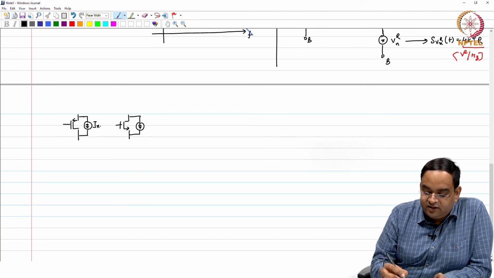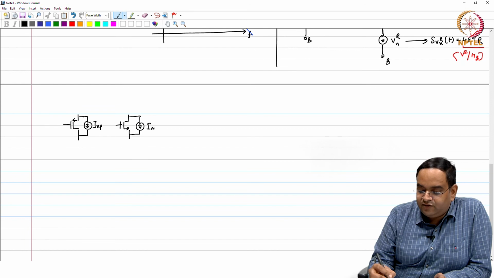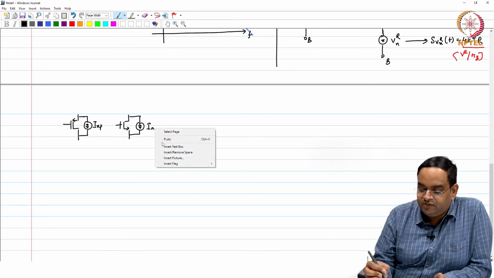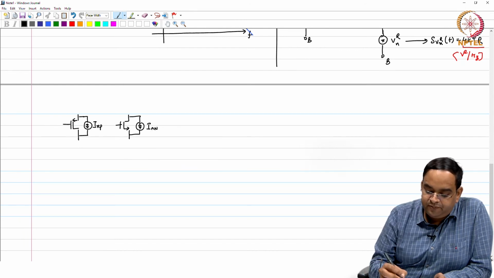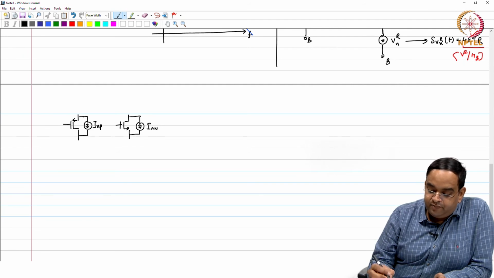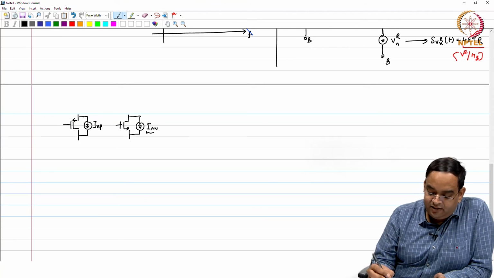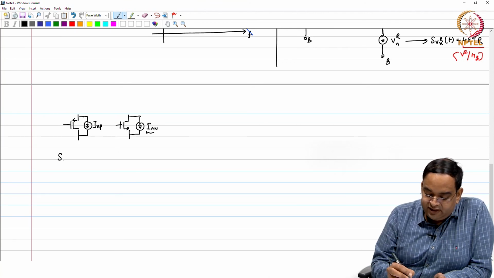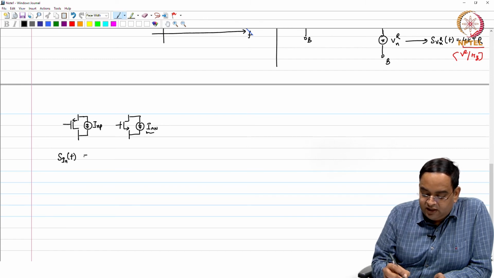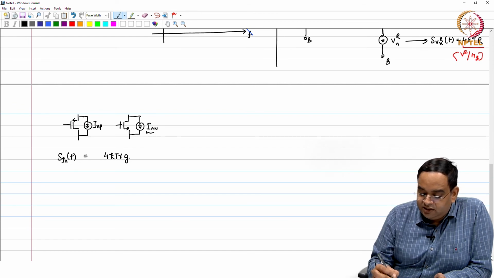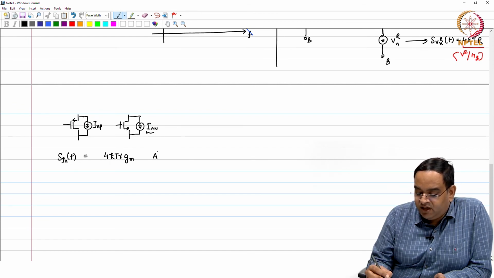This is noise current I_NP and I_NN for NMOS and PMOS. The spectral density of I_N, S_IN of f, is 4kT gamma gm, ampere square per hertz.